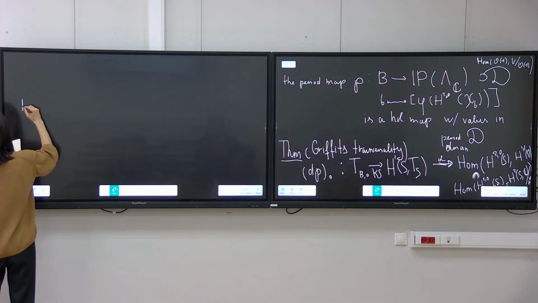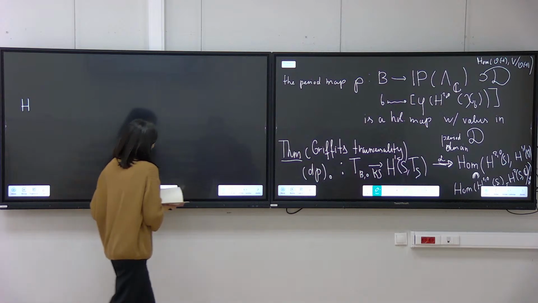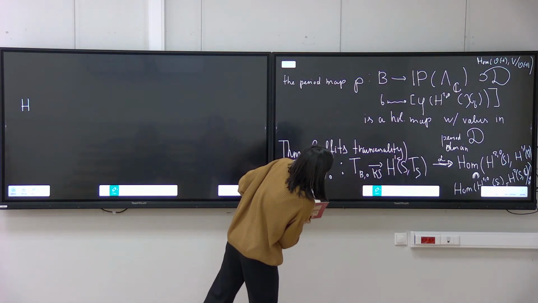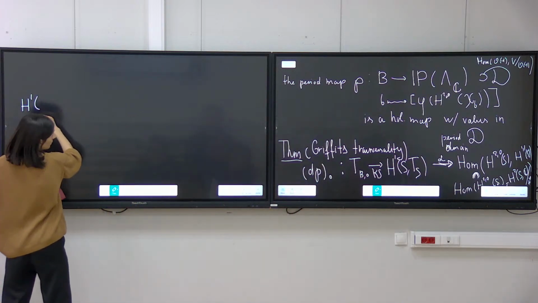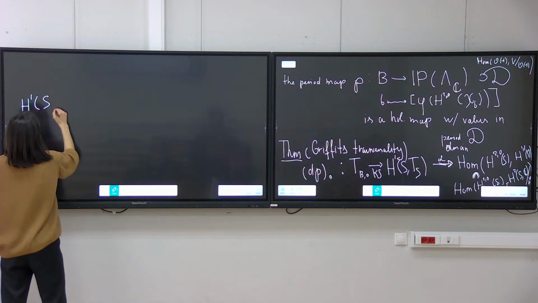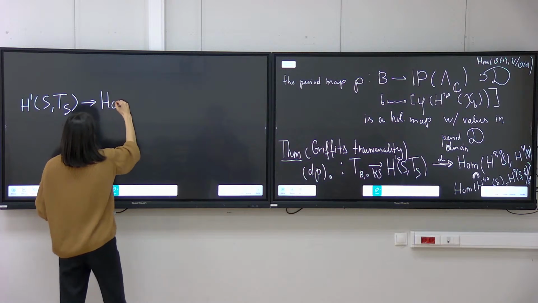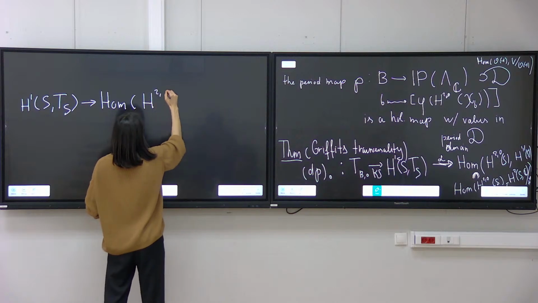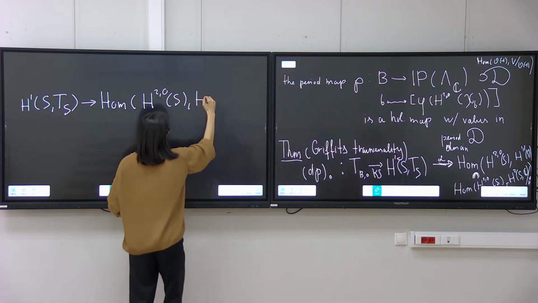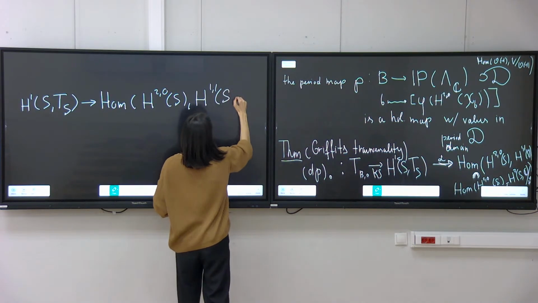So we should obtain something from the tangent space to H^{1,1}.